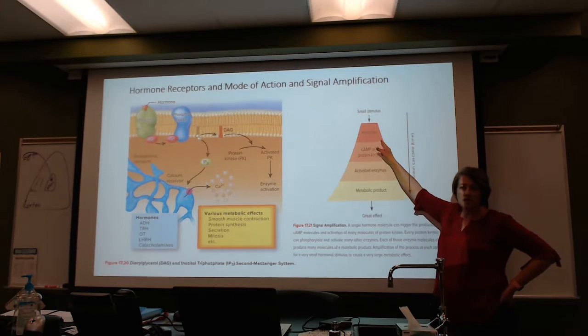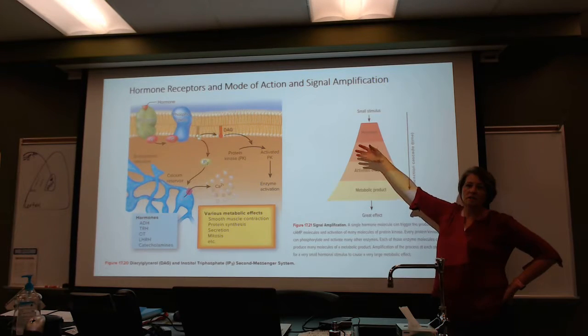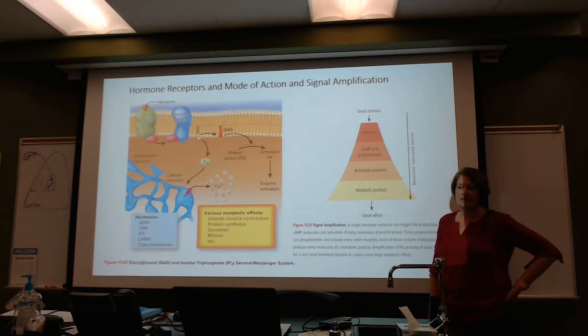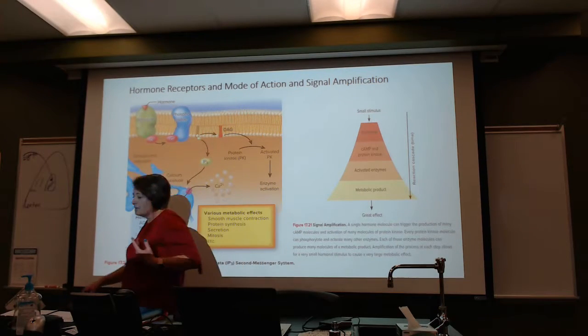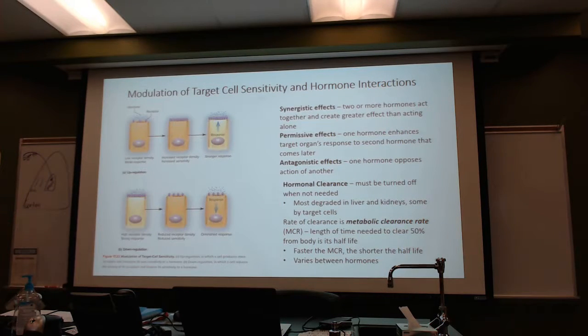So you might only need one molecule of the hormone to reach your end result, the cascade effect. So these hormones, okay, their goal, change the activity of the cell.